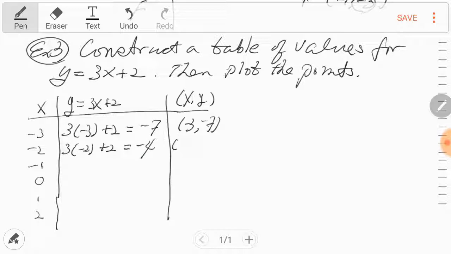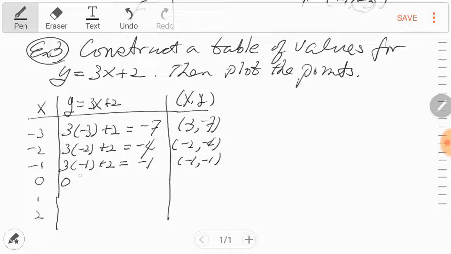And the ordered pair is when x equals -2, y is -4. Okay, when x is -1, then y is -1. So x is -1, y is -1.